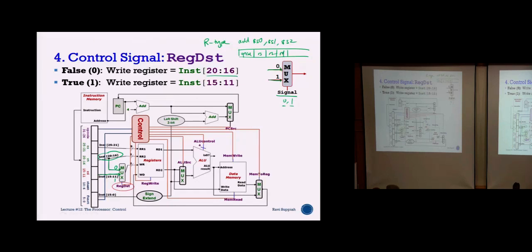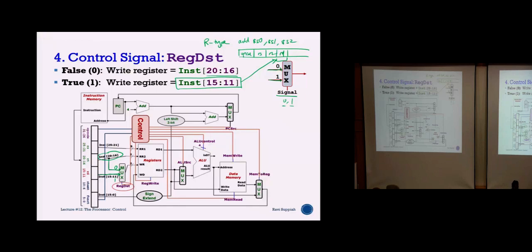The last one here is my write register. So my write register is specified by instruction bits 15 to 11, which translates to this.